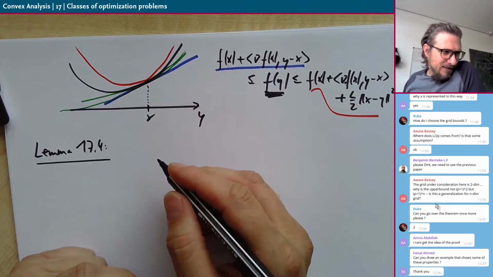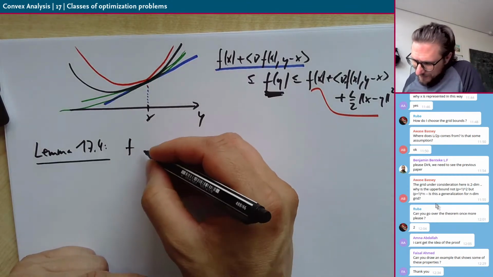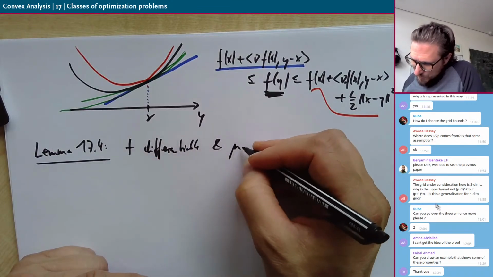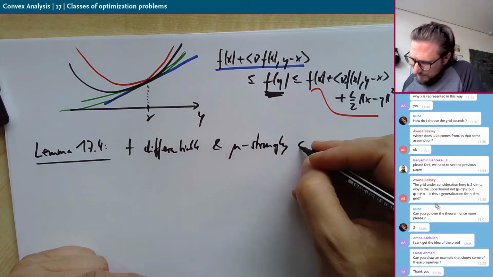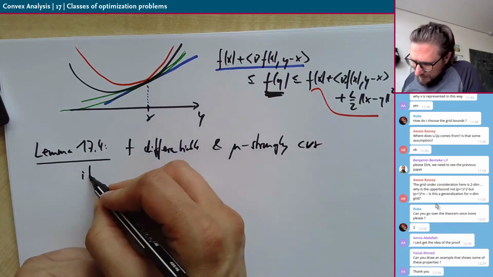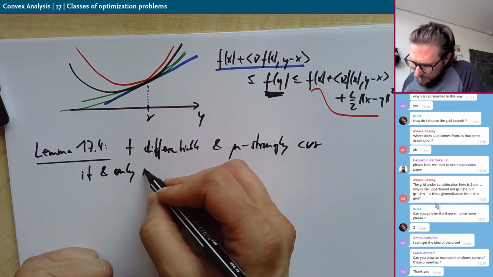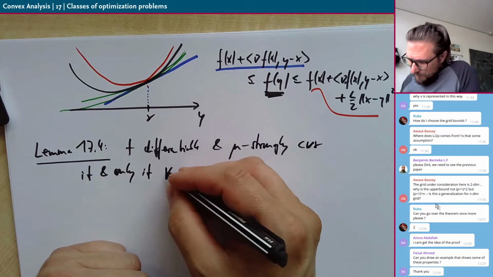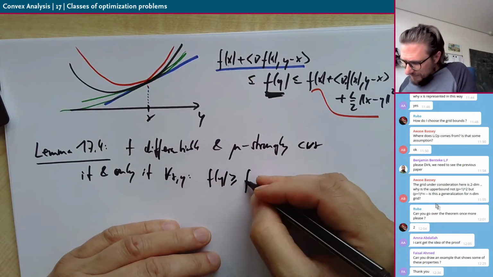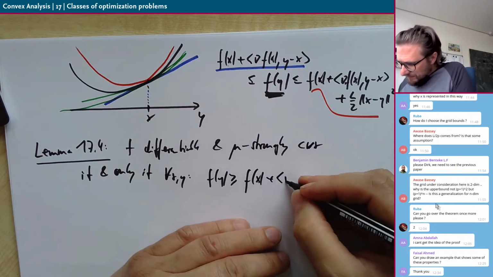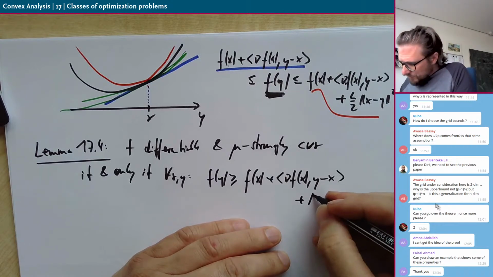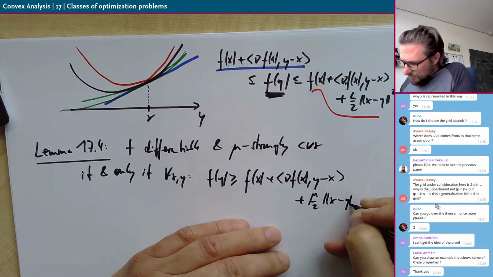Okay, lemma 17.4. If f is differentiable, then f is mu strongly convex if and only if, so exactly if, for all x and y we have that f of y is larger or equal f of x plus the linearization, and then plus mu over 2 times the norm of x minus y squared.